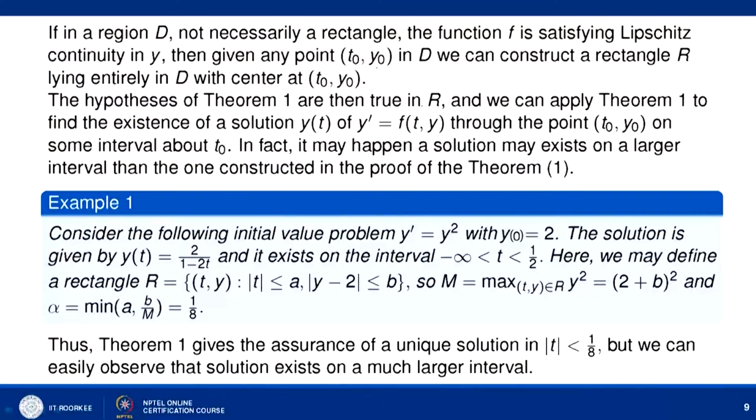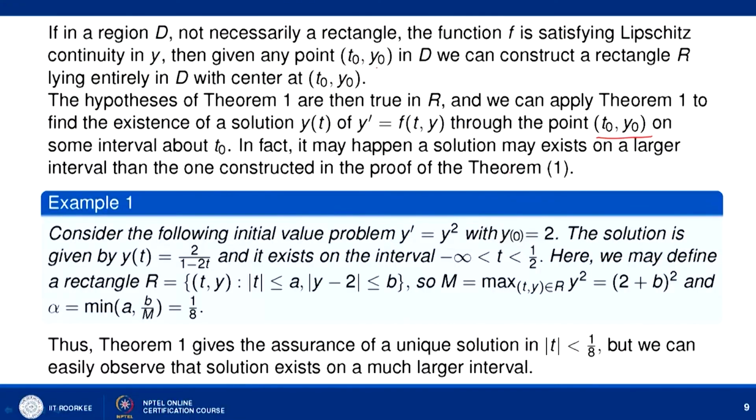In that region you can easily find a rectangle containing the point (t0, y0) such that the rectangle is purely contained in the region D, and there we can say that the hypotheses of theorem 1 are then true in R, and we can apply theorem 1 to find the existence of a solution y(t) of y dash equal to f(t, y) through the point (t0, y0) on some interval about t0, and in fact it may happen that a solution may exist on a larger interval than the one constructed in the proof of theorem 1.